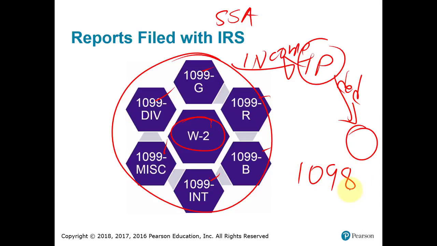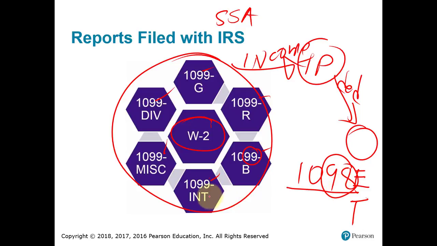So the common one would be home mortgage interest reported on a 1098, or student loan interest 1098E, or tuition paid to your college, your post-secondary institution 1098T. Yeah, 1099 receiving income, 1098 paying deductions, paying expenses.